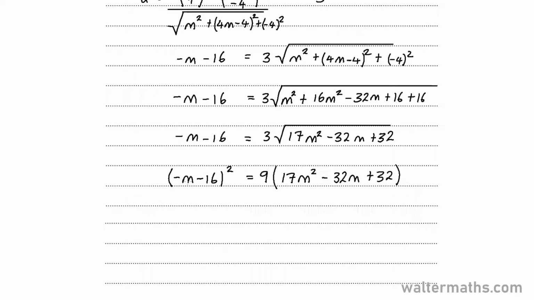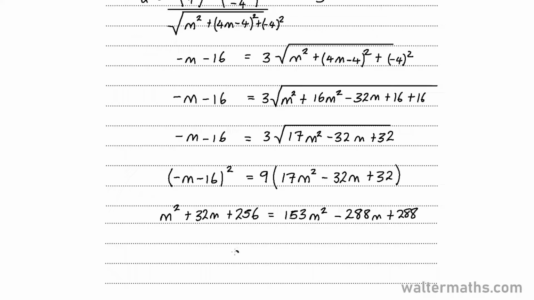Now, if we expand minus M minus 16 squared, we are going to get M squared plus 32M plus 256, and it's equal to 9 times 17 M squared gives us 153 M squared, and 9 times minus 32 is minus 288 M, and 9 times 32 is 288.